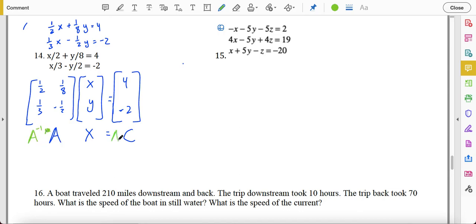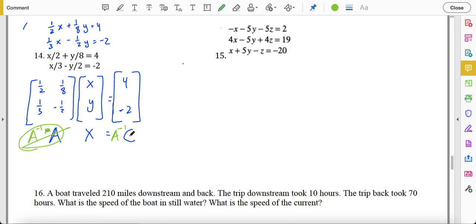And that's what we have to do on both sides of the equation. So this right here cancels out, turning into an identity matrix. That's the reason we're doing this, because this gets our variable matrix by itself, and we're going to do A inverse times C.